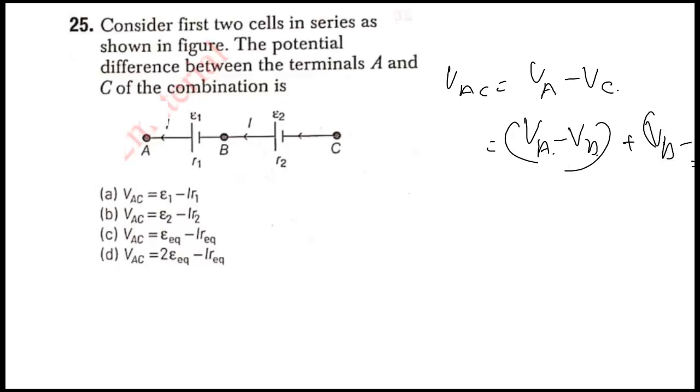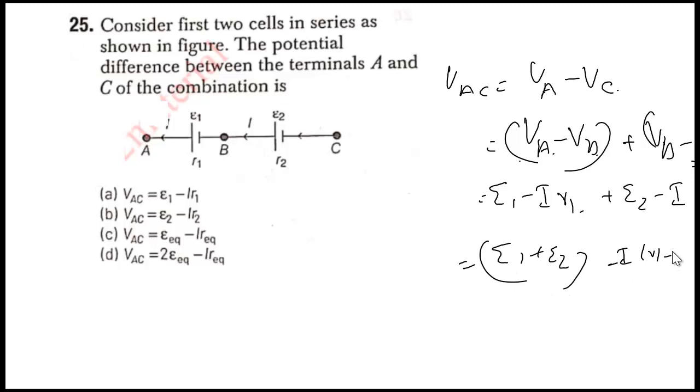My potential difference across A and B is E1 minus IR1, and here it is E2 minus IR2. So here E1 plus E2 minus I into R1 plus R2, that means equivalent EMF and R equivalent. So here it is E equivalent minus I into R equivalent. The answer is VAC equals E equivalent minus I R equivalent.